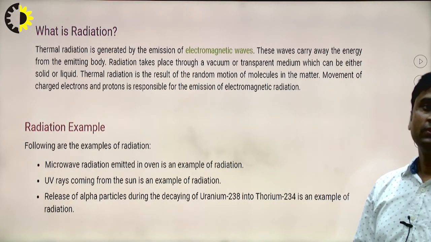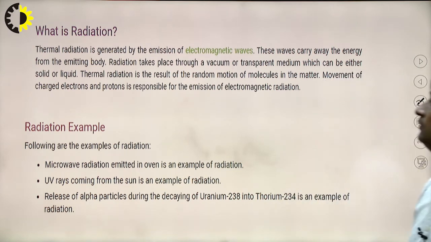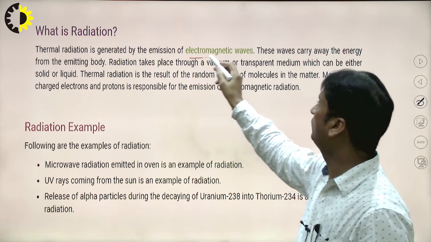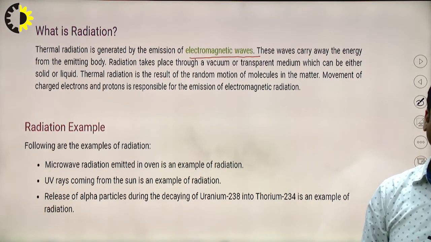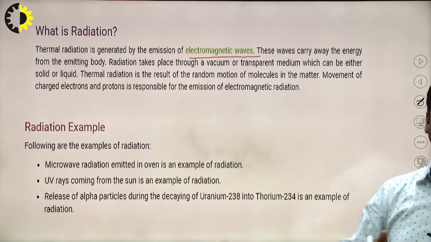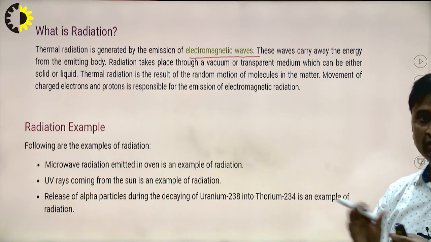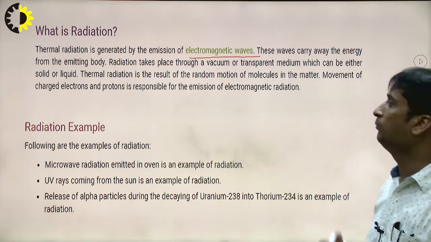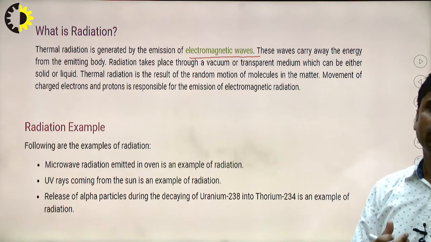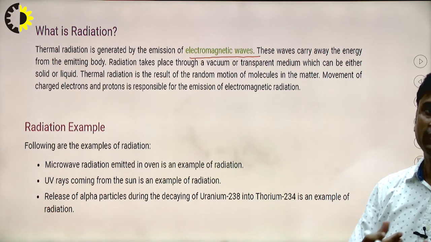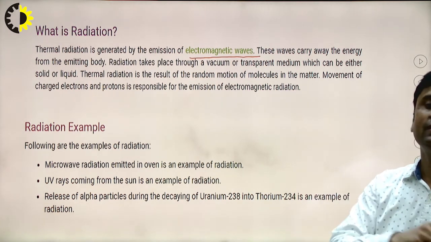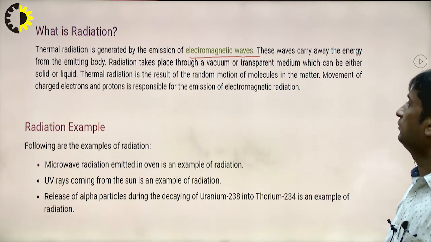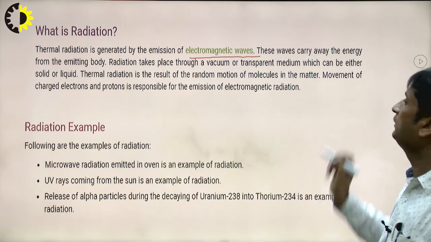Now the next term is radiation. What is radiation? Thermal radiation is generated by the emission of electromagnetic waves, and these waves carry away energy from the emitting body. Radiation takes place through a vacuum or a transparent medium, which can be either solid or liquid.